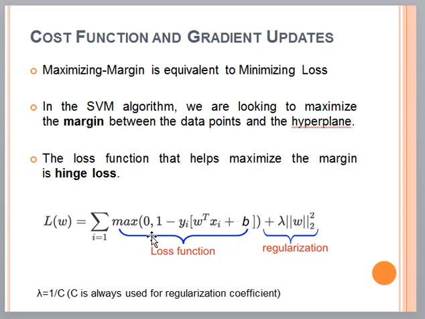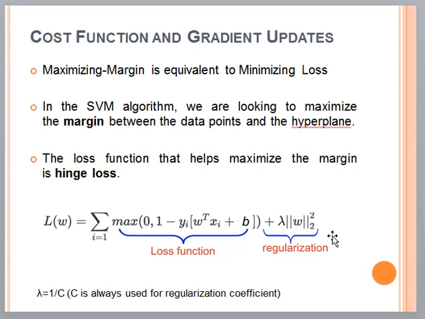So our loss function basically consists of this term here, and as a regularizer, we can add a lambda term here, whose function is very similar to what we discussed during the neural networks lecture.